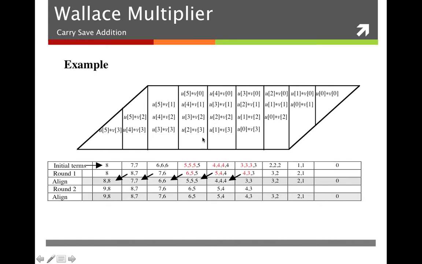So these terms that we have collected have the same weight, and therefore we can give them significance: this will be 0, this will be 1, 2, 3, 4, 5, 6, 7, 8. We got these positions.